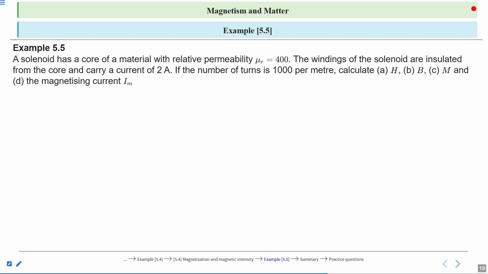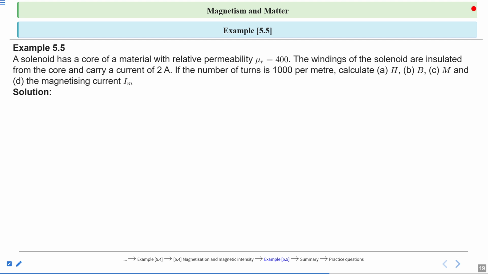If the number of turns is 1000 per meter, calculate H, magnetic intensity, B, total magnetic field, M, magnetization, and the magnetizing current Im. So here you have to calculate the magnetizing current. That's why I discussed the additional topic, so that you can understand the example.